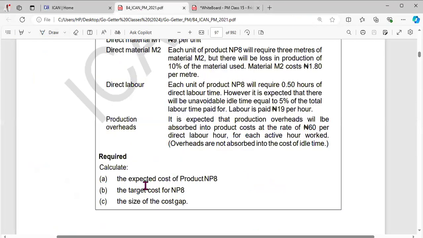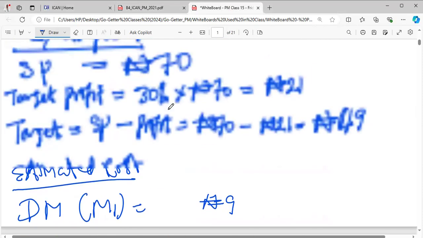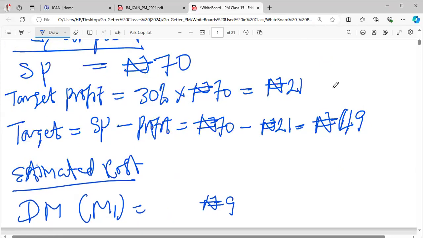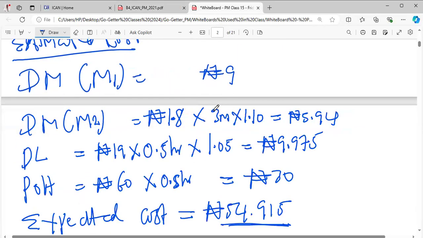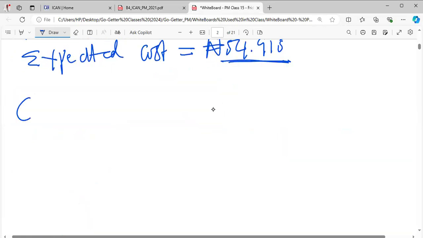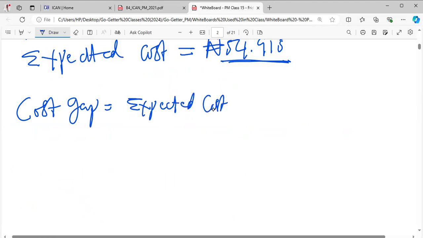We are also told to look for the target cost, which is what we did before, and we got our target cost to be 49. And we are told to find the size of the cost gap. So that's what we want to do now. Cost gap is expected cost, if higher, minus target.